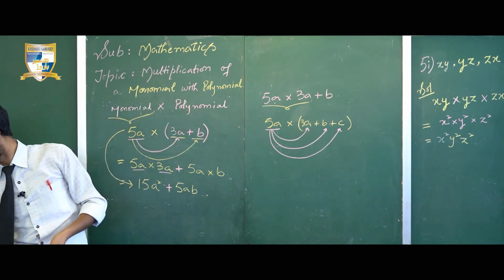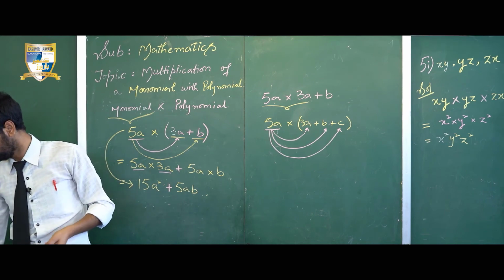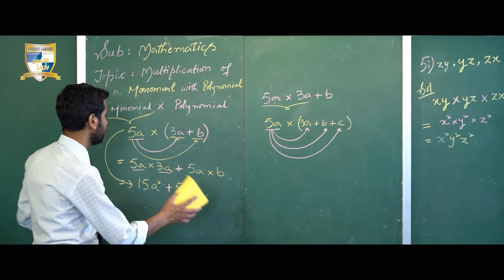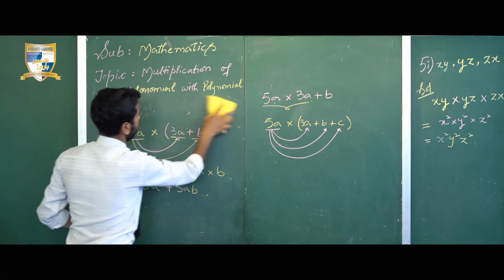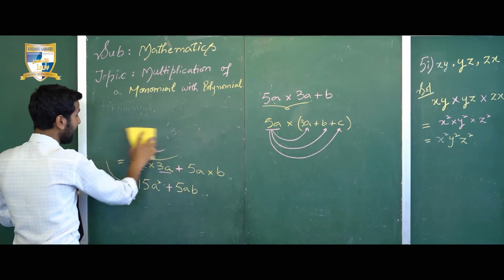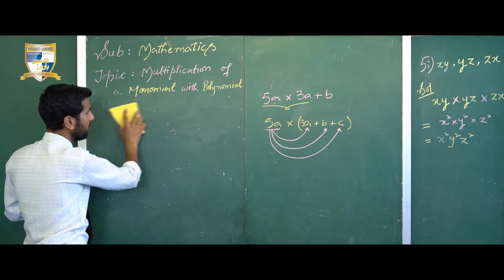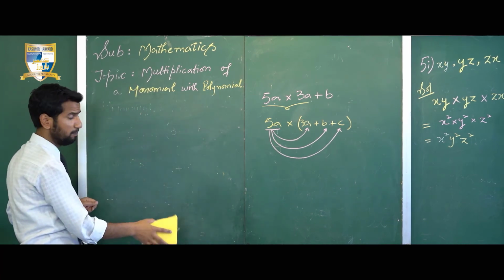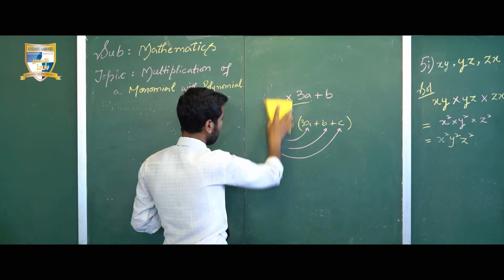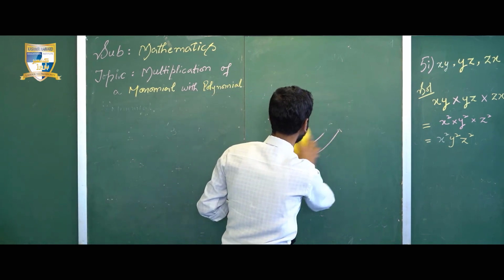So let's start exercise 9.3, sorry. Entire exercise 9.3 is based on the multiplication of a monomial with n term polynomial. Sometimes you are going to get a binomial, sometimes trinomial.